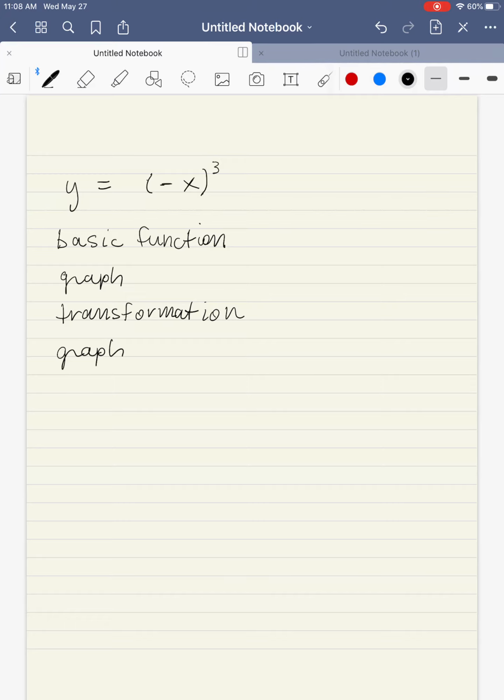All right, and what we see here is that our basic function looks like y equals x cubed because of the x cubed here. And if I graph that, I have 0, 0. 1 cubed is 1, negative 1 cubed is negative 1, and this is the one that curves upwards.